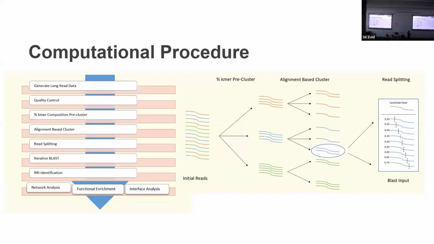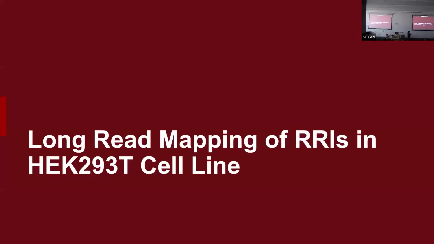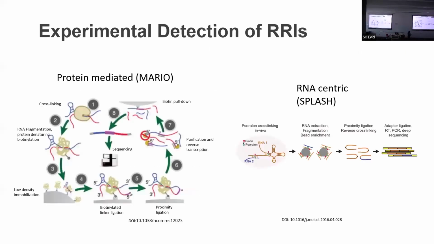In terms of the bioinformatics protocol, it's a challenge because once you get these long fragments, the idea here is that these two RNAs are interacting. They may or may not be from the same molecule. You ligate them and you sequence. So you have to think that it doesn't have to be 50-50.